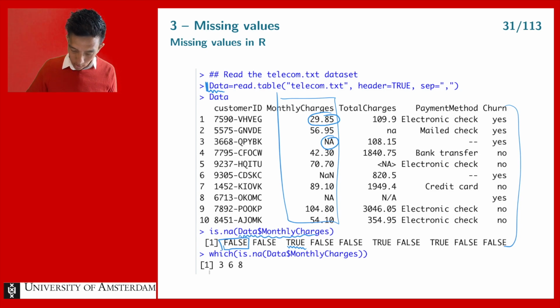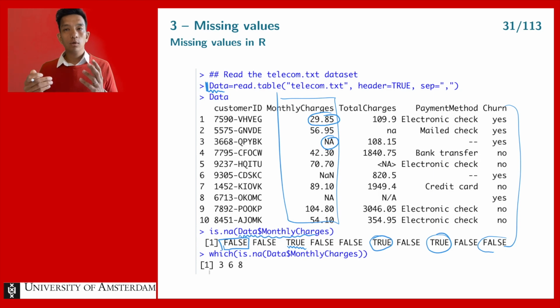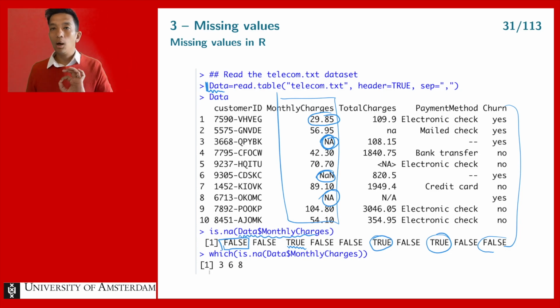Same here, I have another TRUE, and another TRUE here and here. So monthly charges contains three missing values. Actually, it's two NAs and one NaN, but R recognizes both as missing values.